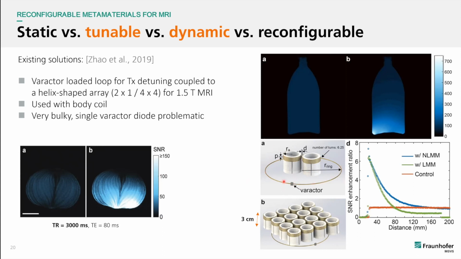If you're beyond a certain amplitude, that's something you can use to detune this structure, because as soon as this additional loop becomes resonant, it will couple with your other resonant structure and it will automatically detune it, but only for the transmit case. And that's working quite well.